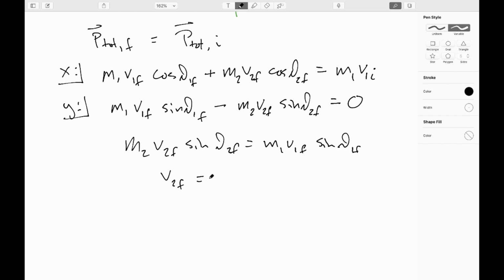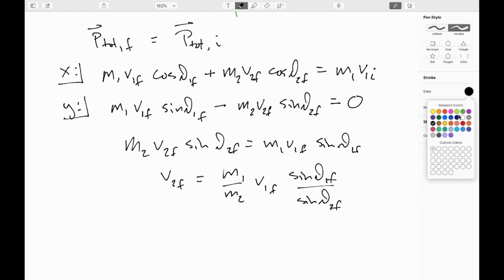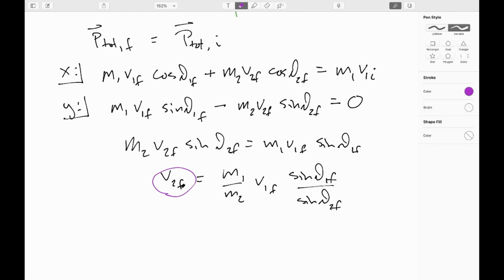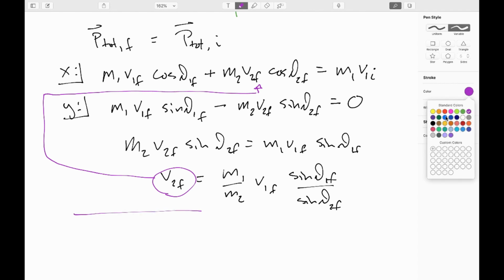So V2 final equals M1 over M2 V1 final sine theta 1 final over sine theta 2 final. Awesome. So now our strategy is going to call for taking that formal solution of V2 final in terms of V1 final and sticking that in right here into the other equation. So let's go ahead and do that.